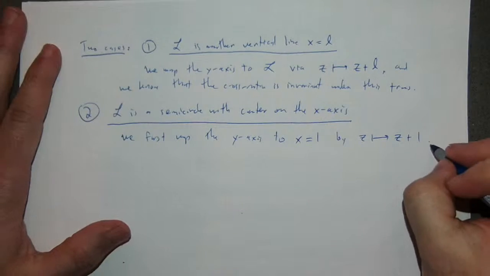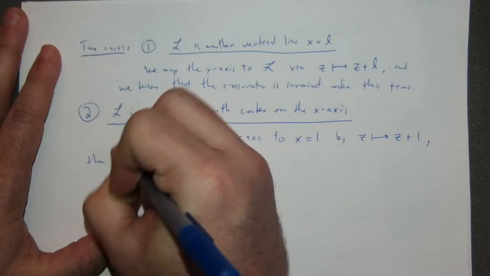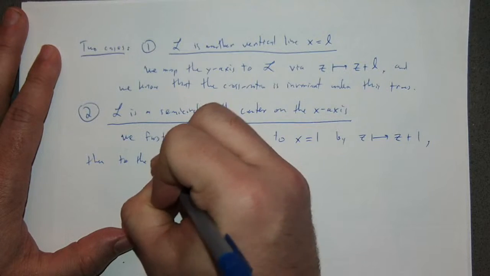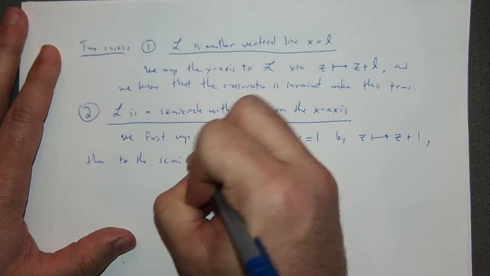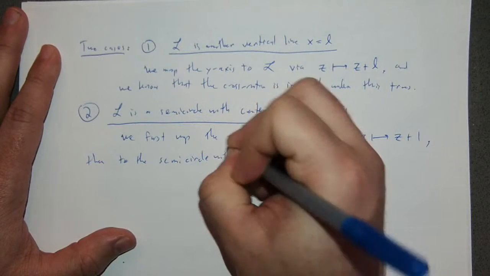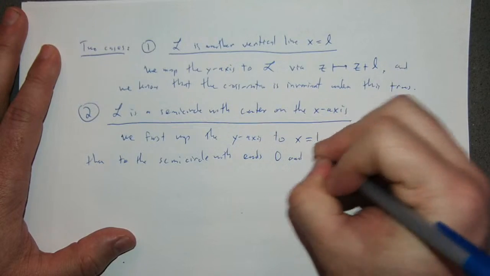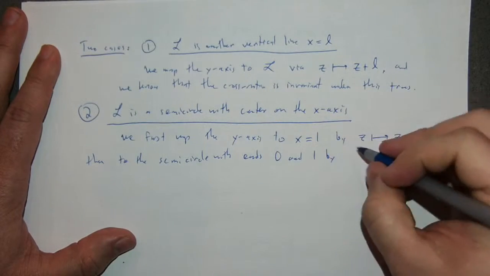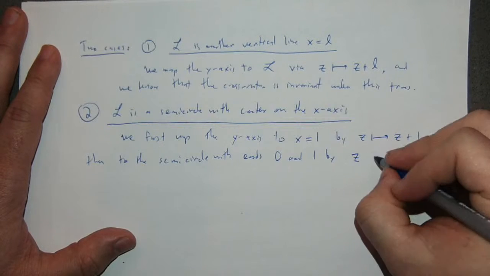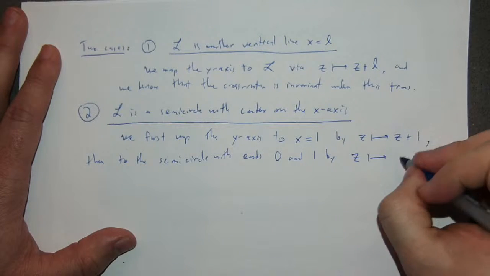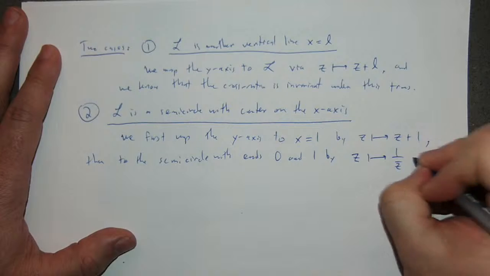Then we map to the semicircle with ends 0 and 1 by the map z goes to 1 over z bar.